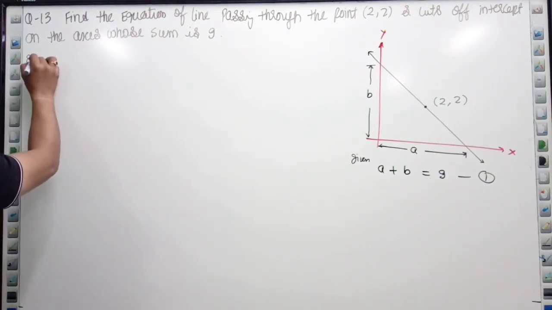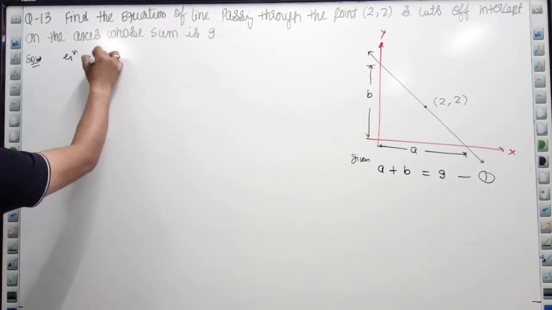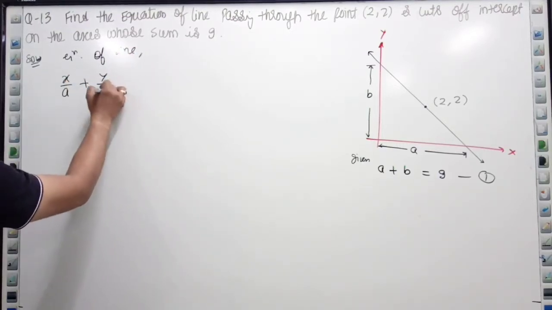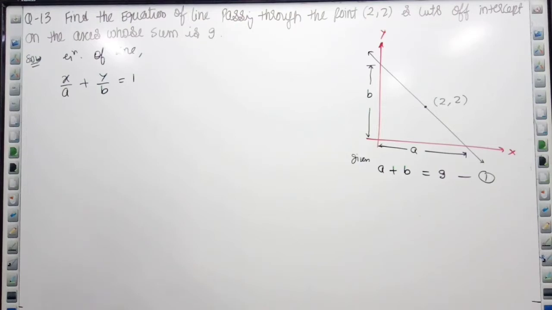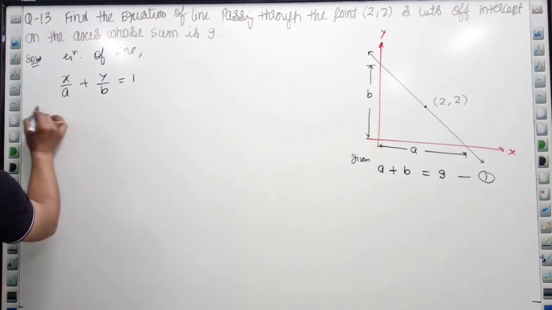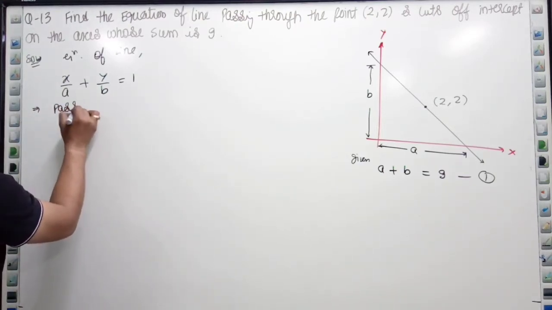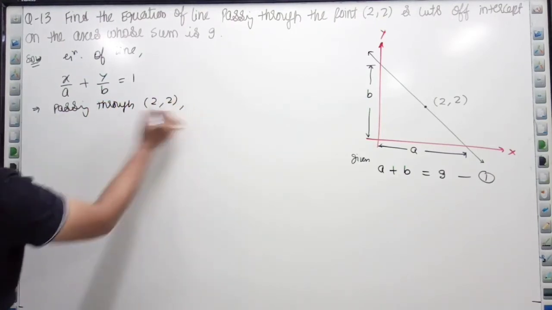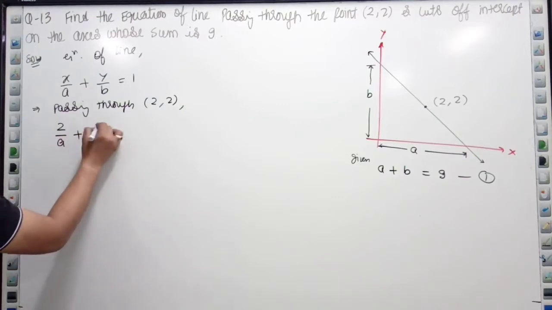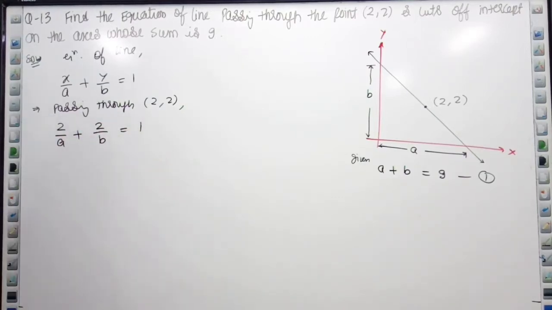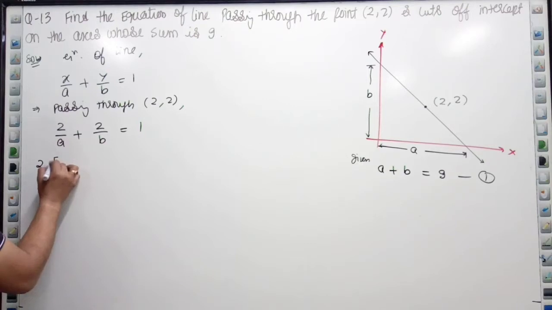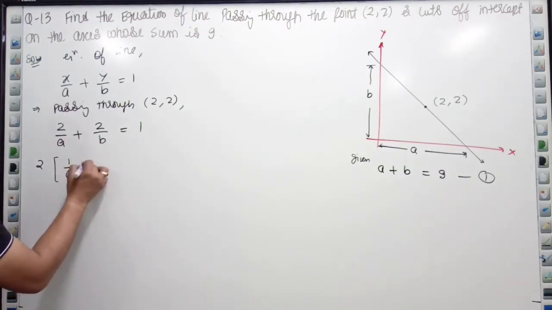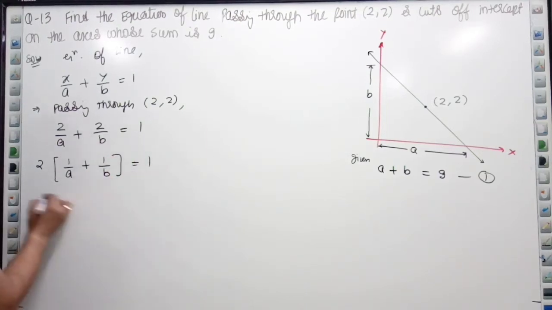Can I write the equation of the line in intercept form, x upon a plus y upon b equals 1? Now it is passing through (2, 2), so I can write 2 upon a plus 2 upon b equals 1. Taking 2 common, first I am writing 1 upon a plus 1 upon b equals 1.